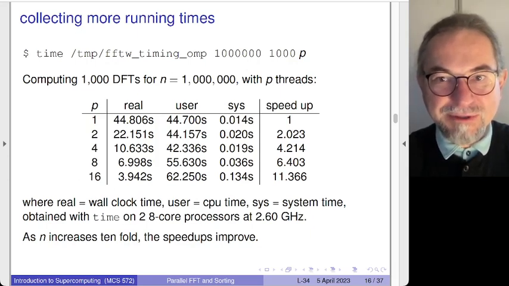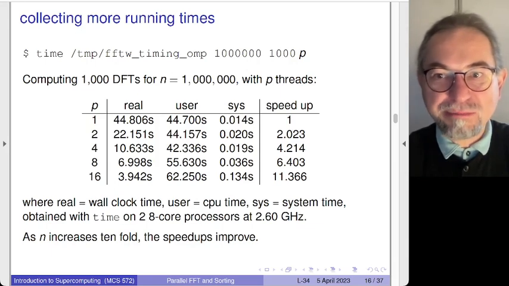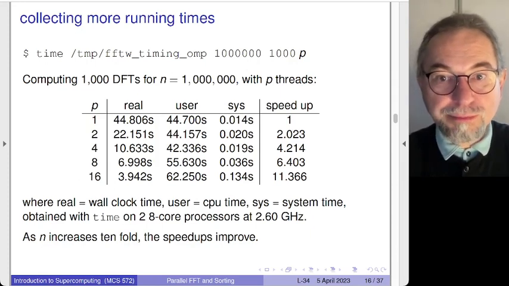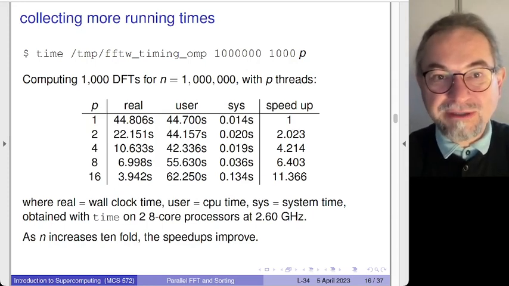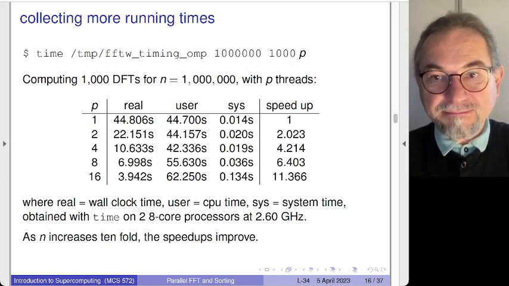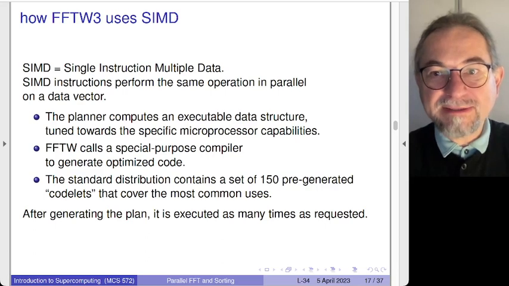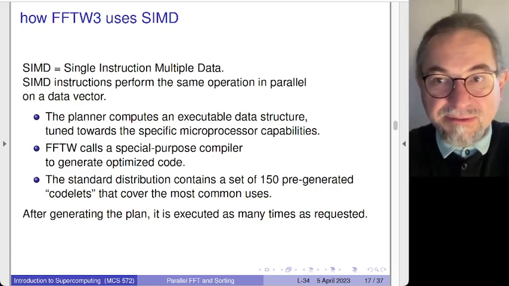We mentioned superlinear speedup in the course already early on in the first lecture, I remember, but here is a manifestation of it. You get this for 1 million, also doing it sufficiently many times. So we do 1000 discrete Fourier transforms, and the wall clock time drops dramatically. So great.